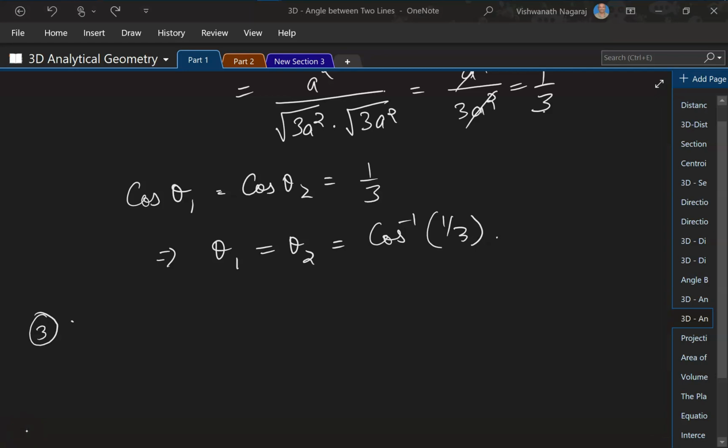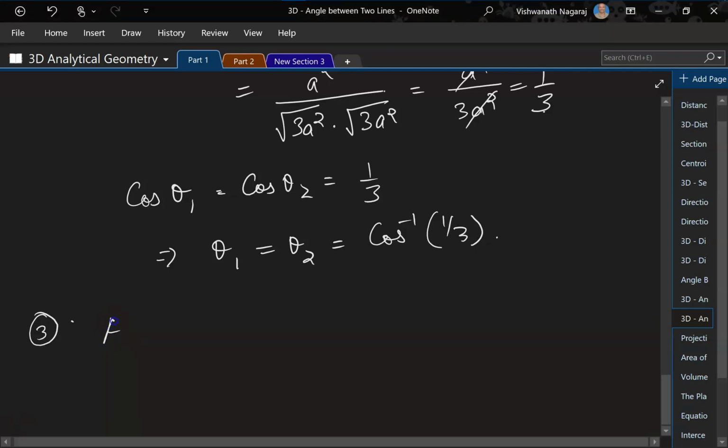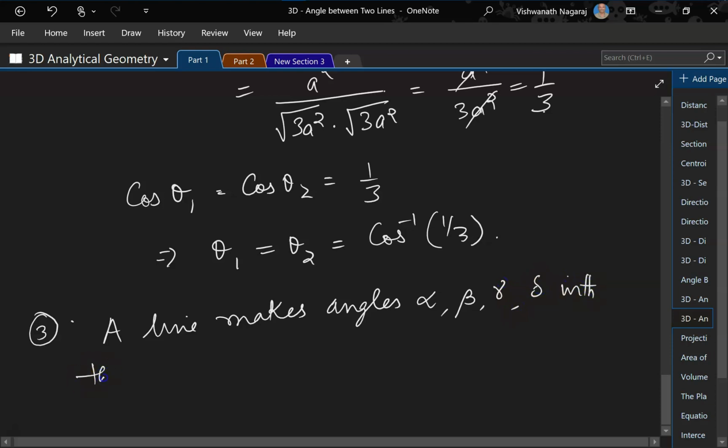Now let's say we have the same cube. A line makes angles alpha, beta, gamma and delta with the four diagonals of a cube.